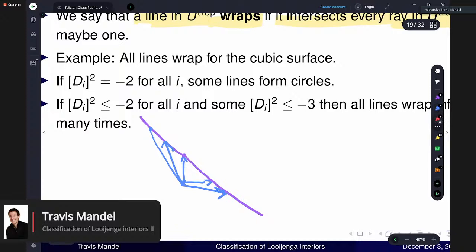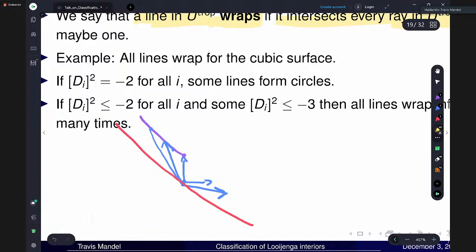In this case, when these self-intersection numbers are -2, the image of your developing map is a half plane. It'll be exactly this half plane. And basically the sheets of your developing map, these sheets of U-trop, will totally fill up this half plane.